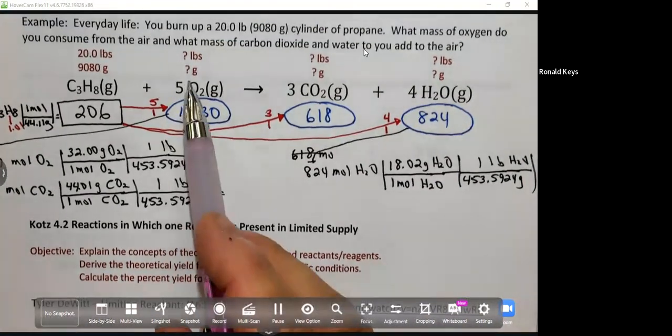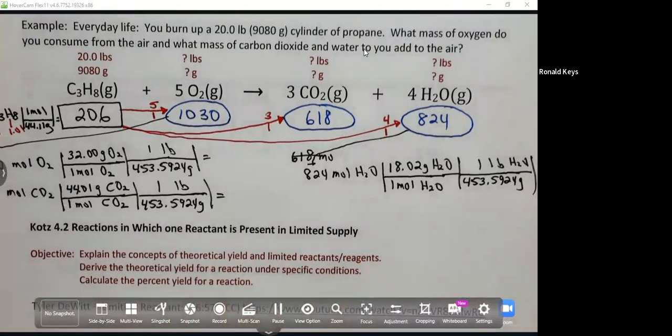We can write our grams up here. We can stop right here and do our grams. We can write our grams in and their pounds, all the 3 sig figs.